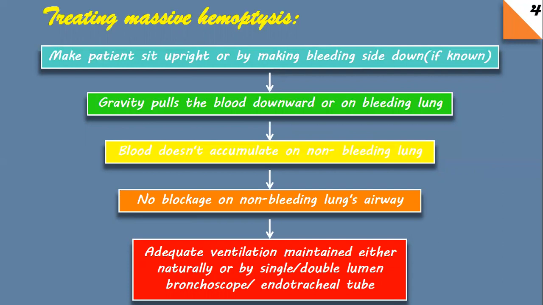Here, the thing that we have to remember is that if we are using single lumen bronchoscope or endotracheal tube, then we have to intubate the non-bleeding lung for maintaining ventilation. Whereas double lumen can be used for maintaining ventilation on the non-bleeding lung and performing interventional procedures on the bleeding.